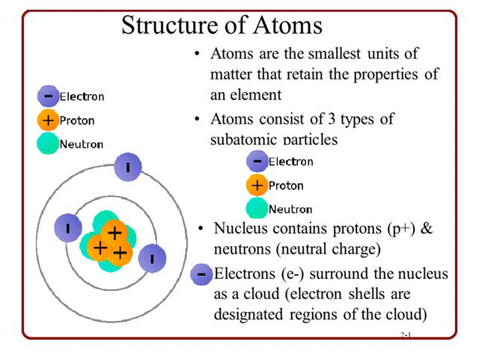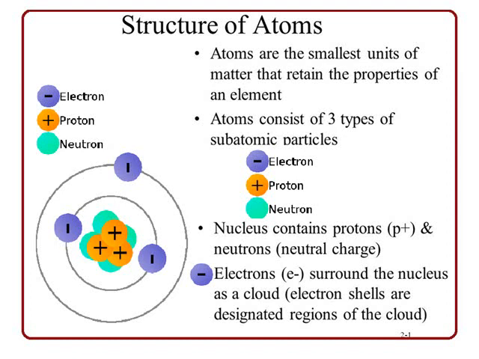And there are three types of subatomic particles in an atom. An atom consists of three subatomic particles. What are they? You can see in the color codes. Electron, which is indicated by a minus sign, proton, which is indicated by a positive sign, and neutron, which has no sign. So an atom has three subatomic particles.